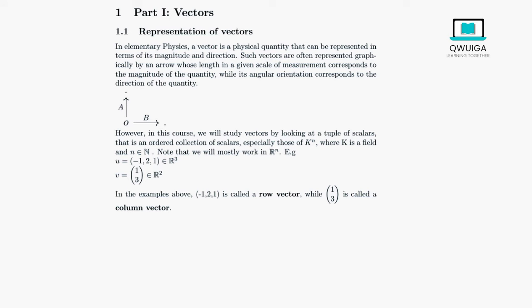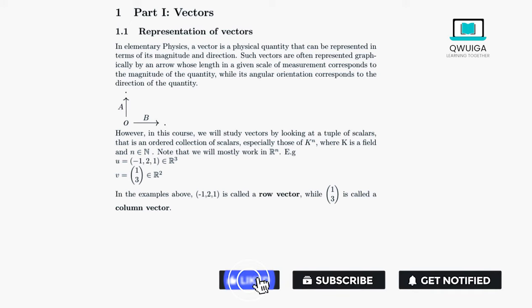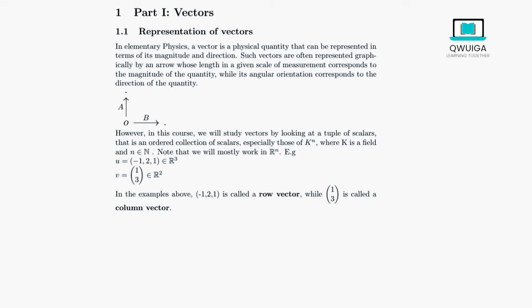Examples of vectors in physics: we have force, momentum, velocity, acceleration, and whenever we specify any of these quantities, we also need to talk about the direction. Weight, for example, is a vector quantity, and weight always acts downwards. That's the direction of the vector.